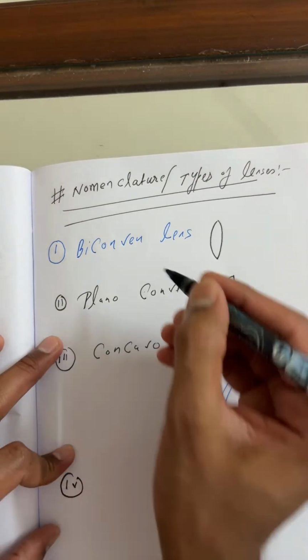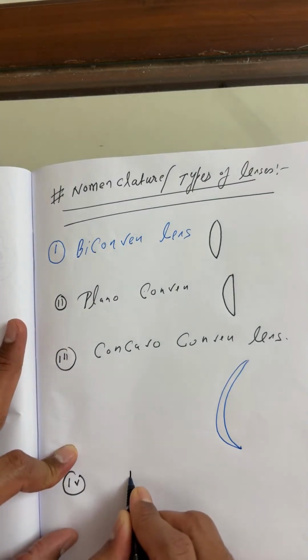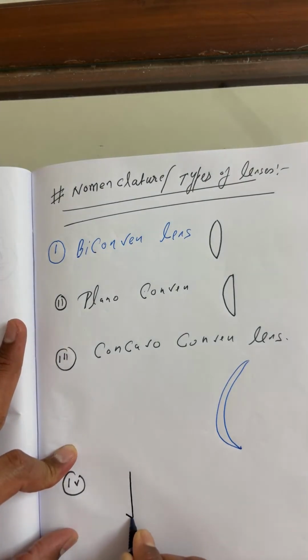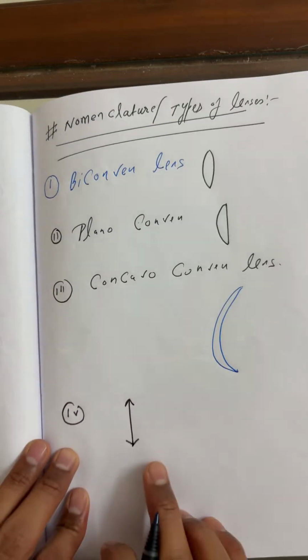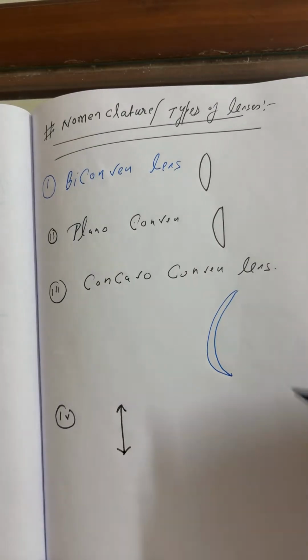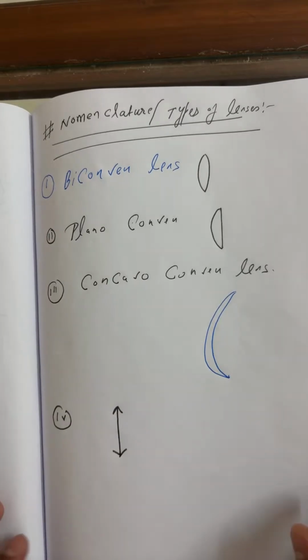These are all representations, and these are the names of convex lenses.